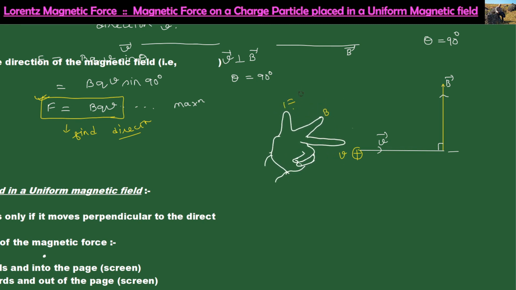This is the force, this is the direction of my magnetic field, and this will be the direction of my velocity, V.